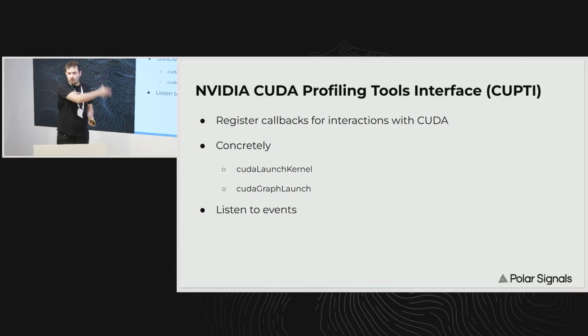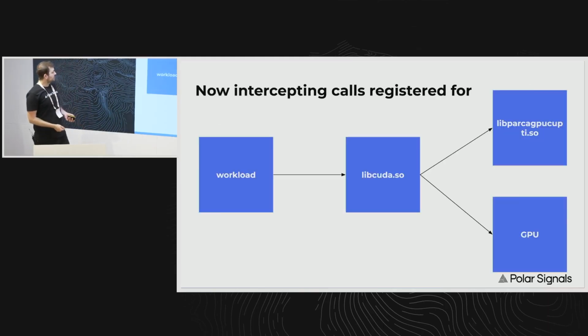So these are the two events that we listen to, and we ask CUDA to notify us whenever it wants to either launch a kernel or launch a graph execution, and then also tell us whenever any of these finish. The reason why I wanted to visualize this is that this isn't a shim where everything is passed through.